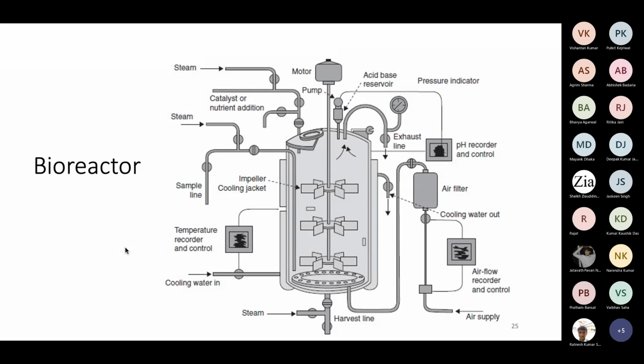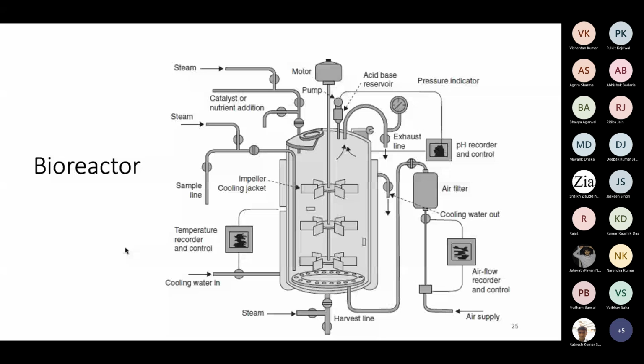Now, a biological system will require sterilization, because initially when you add all your substrate and before adding the inoculum, you have to make sure that you are not getting any other undesired organism growing inside the reactor. So to sterilize the reactor, you first put in ingredients which are not temperature sensitive, and then after putting all ingredients in the reactor, you can see at the bottom of the reactor there is a line called the steam line.